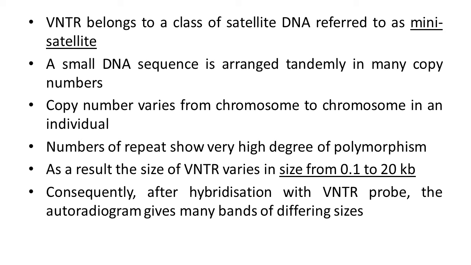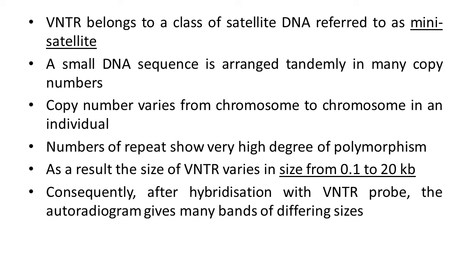This technique VNTR belongs to a class of satellite DNA referred to as a minisatellite. In this technique, DNA sequences are arranged tandemly in many copy numbers, because the segment collected from the sample, tissue or cell is sometimes a single nucleotide or more, and then it is arranged tandemly in many copies.